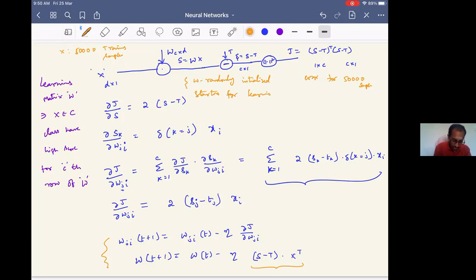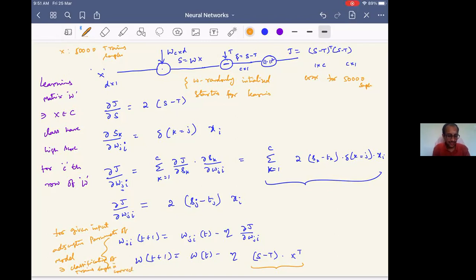So for a given input, I am adjusting the parameters of the model such that the scores match the target scores, or the classification of training samples is correct.